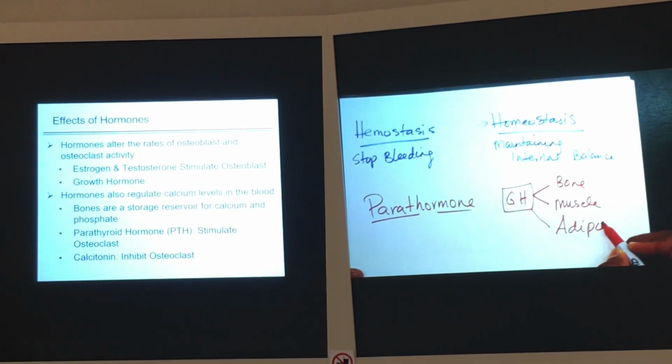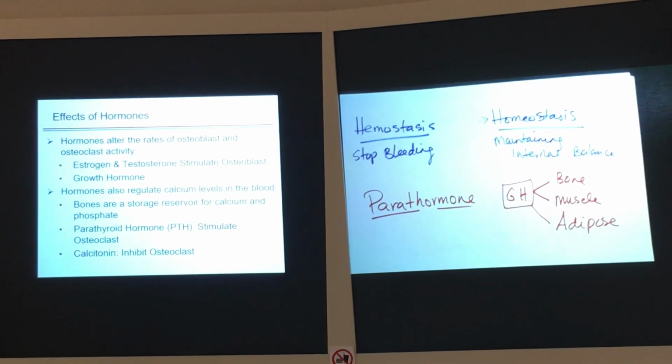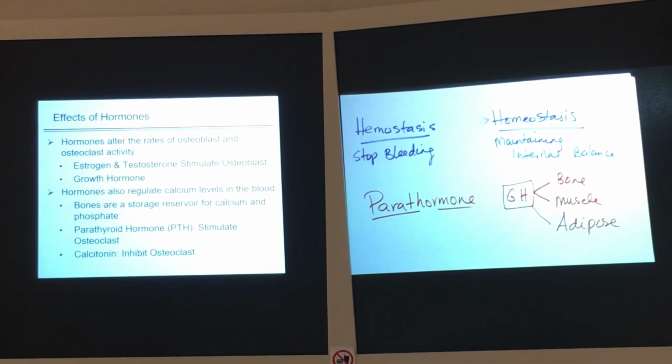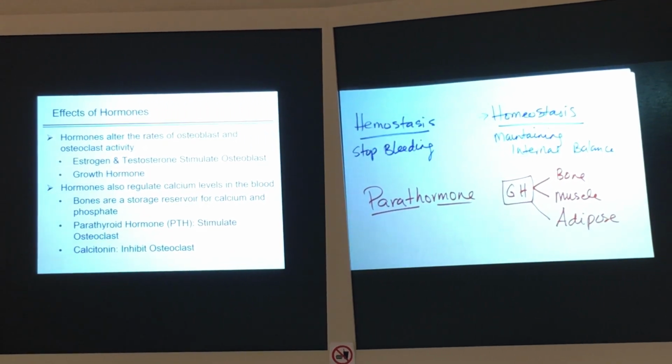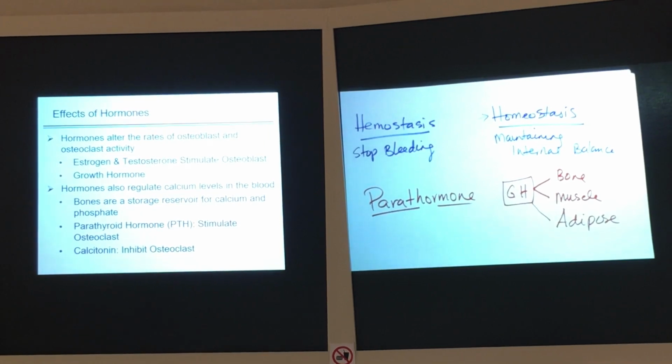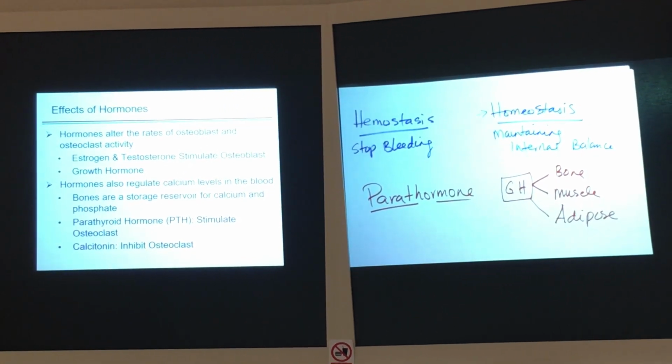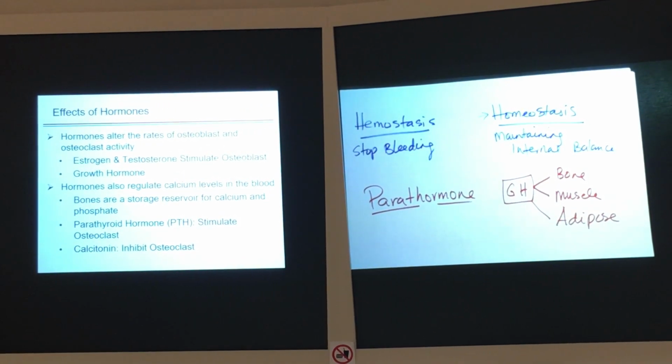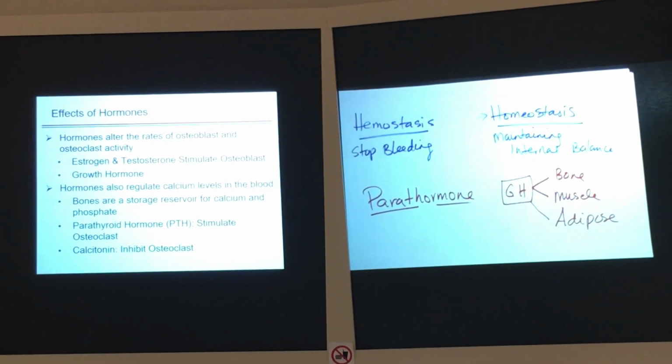Adipose. Okay. So growth hormone is very tricky. Yes, it deposits, makes the bone strong, but also it increases fat deposition. Okay? And hormones regulate calcium level in the blood; bone is the storage reservoir for calcium.